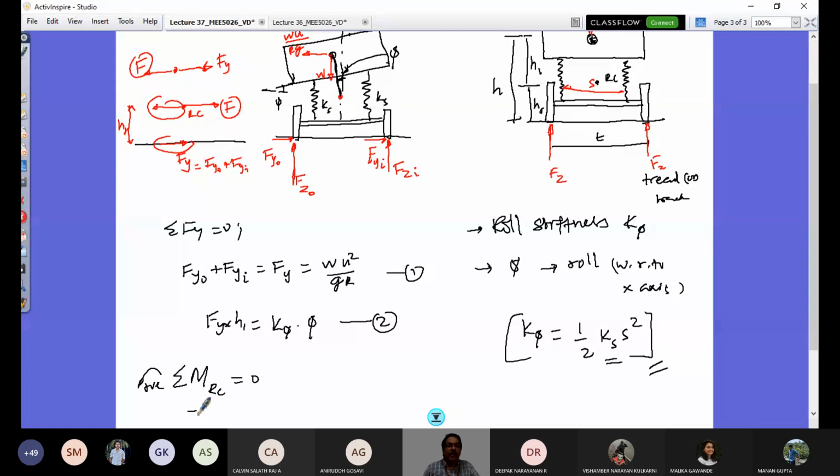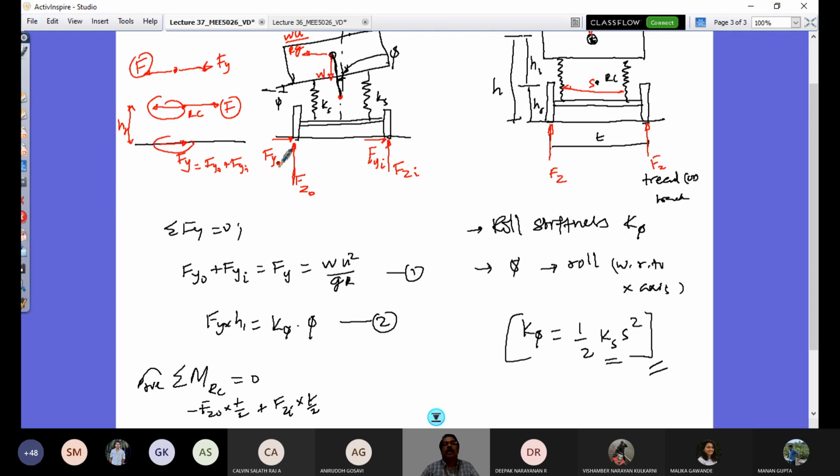So that is minus Fz naught into t by 2. I consider this approximately at the distance. There is a small roll, but these angles are very small, so I can neglect. I can consider still it is separated by t by 2 and t by 2. So Fz naught into t by 2 is clockwise moment with respect to this.